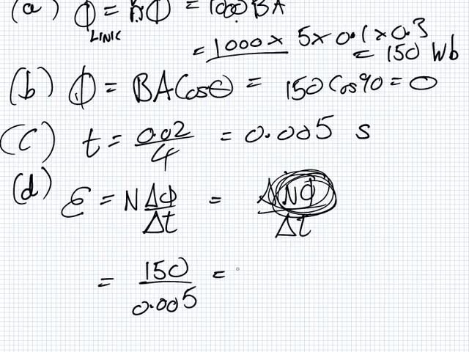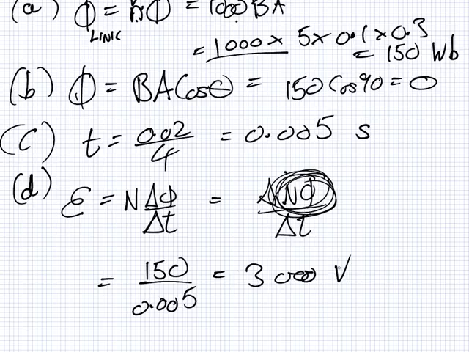So here, how much flux does it have? Flux linkage, 150 Webers. And here, how much does it have? 0 Webers. So it goes from 150 to 0 in 0.005 seconds. So the voltage you get is 150 divided by 0.05, which is 3000 volts.